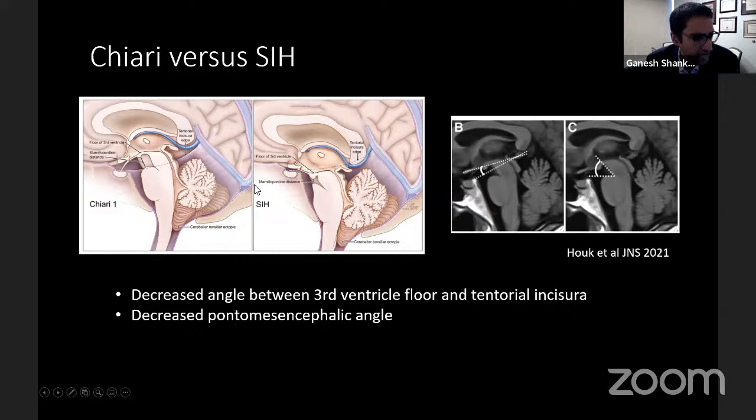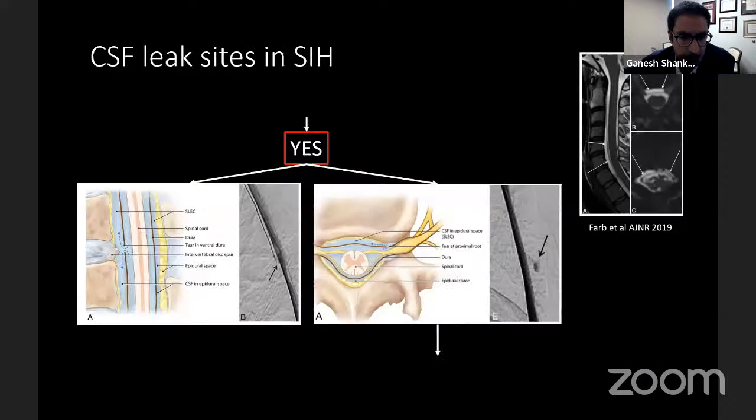But radiographically, there might be some slight differences in the configuration of the third ventricle relative to the tentorial incisura, or the pontomesencephalic angle, as seen in these measures right here, with decreases in both of those in spontaneous intracranial hypotension. But still, instead of measuring these parameters, I really do tend towards looking at pachymeningeal enhancement as one of the more robust radiographic indicators.